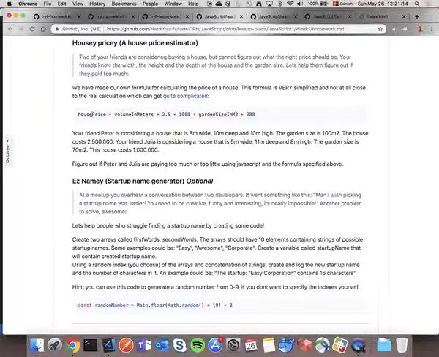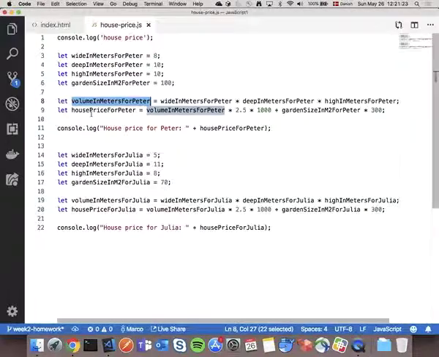I don't know if this was made on purpose to be a bit tricky, but you have to define if it's a variable, a let, or a constant. In this case, I put them all as let. We could argue that these ones should not be, because you can't change the dimensions of the house that easily. But I just decided to put all as let.